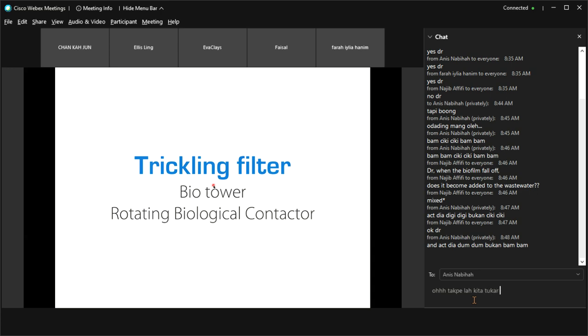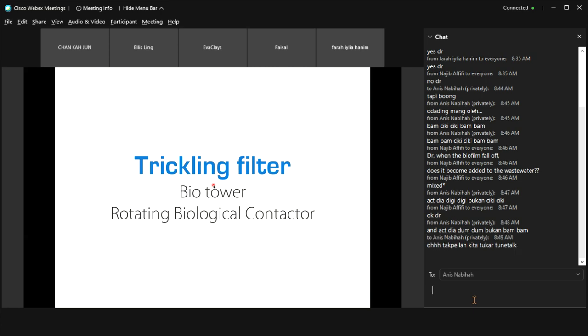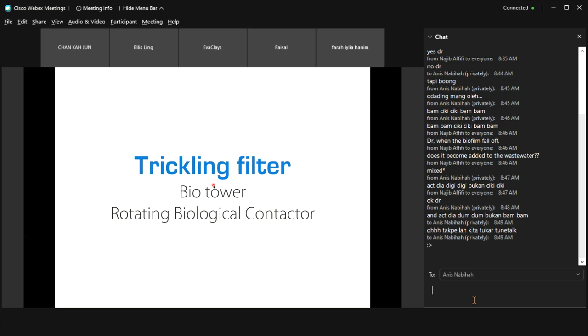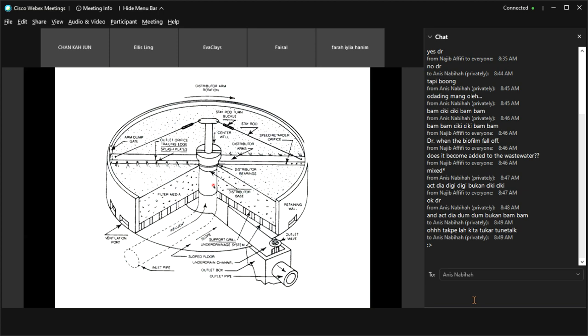However, it is not that popular in Malaysia as compared to the activated sludge process, but we do have some of it, relatively old systems, but not commonly used in Malaysia.